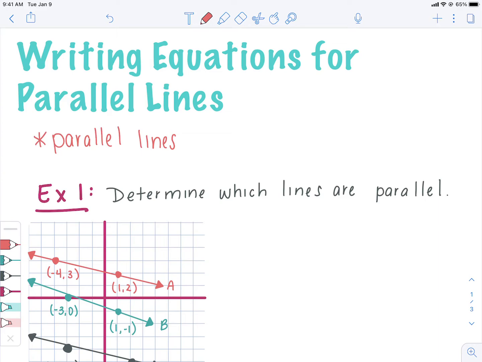Parallel lines have the same slope. So we're looking for lines that have the same slope, or if they're asking us to write an equation, it has to have the same slope.